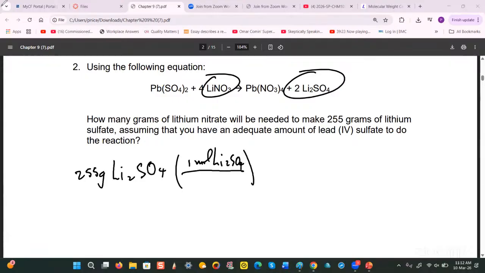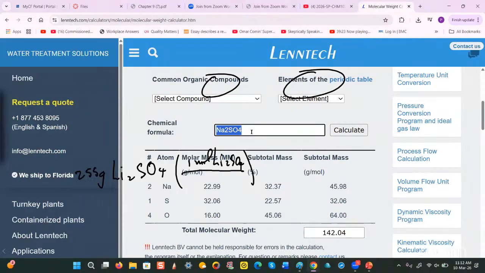Let me use a calculator for that. So lithium sulfate. Okay, so 109.4 is what I got here. I'm sorry, 109.94 grams of lithium sulfate.